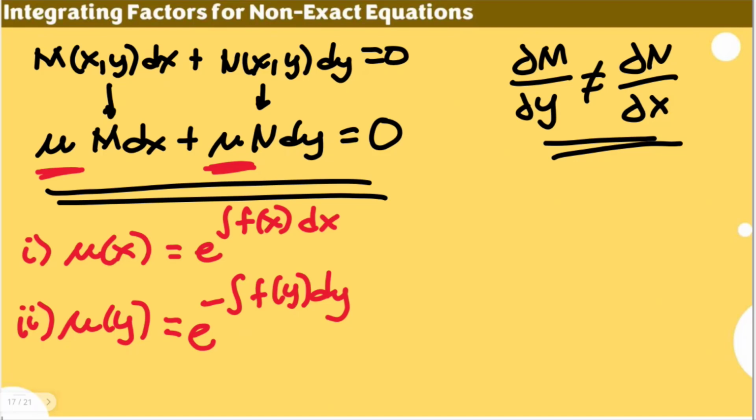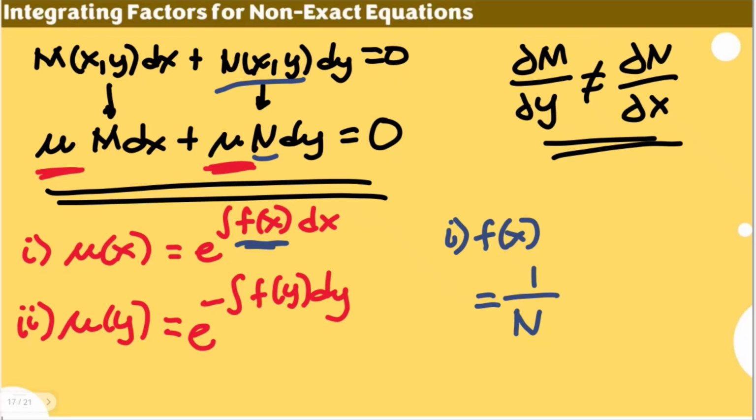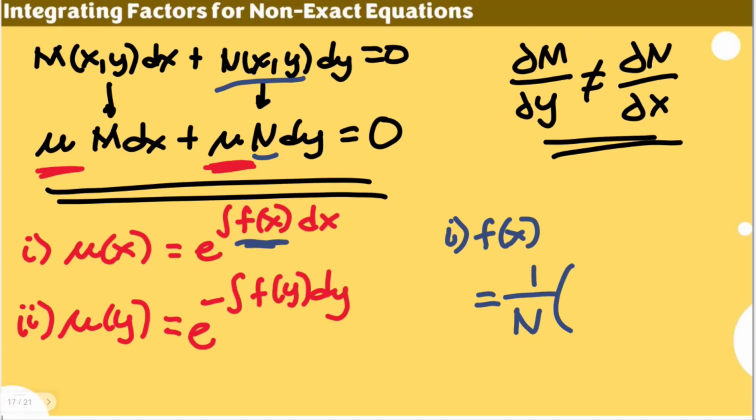Now, how are these two different? If we're talking about the first method, our f of x, to be integrated as an exponent of e, is equal to 1 over N of x,y times the partial derivative of M with respect to y minus the partial derivative of N with respect to x.